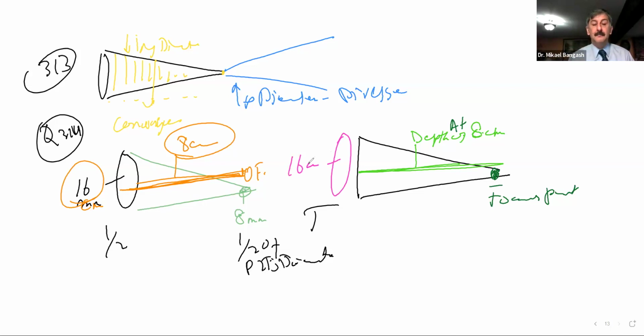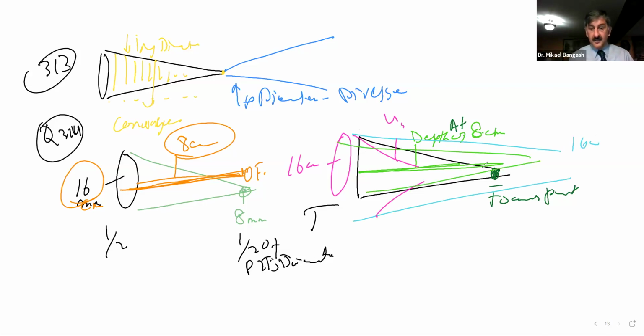This 16 centimeter PCT could have focused at a depth of 16 centimeters, or 4 centimeters, or 12 centimeters.